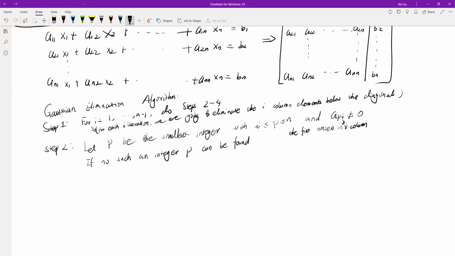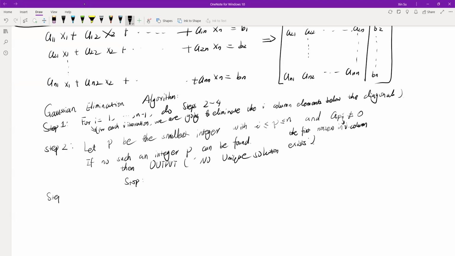We are just going to output "no unique solution" and stop the iteration here. And this is step 2.